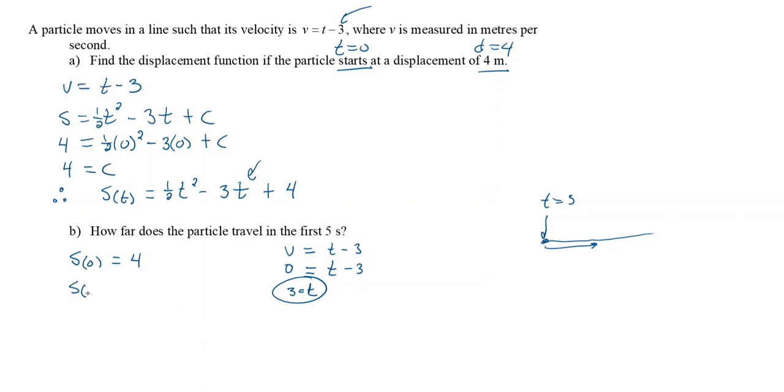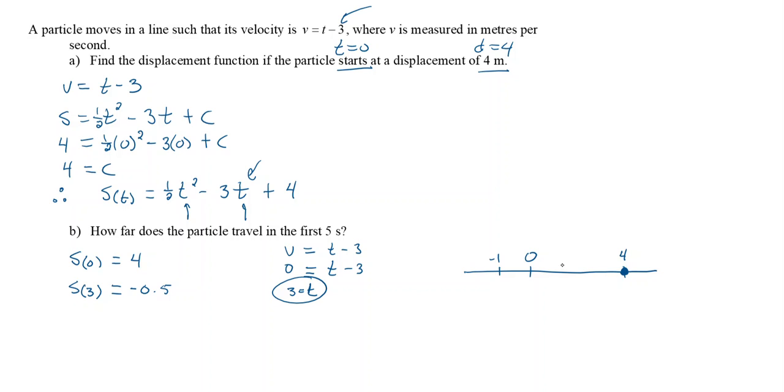So let's find that. Using our displacement function, at 3 seconds we end up getting negative 0.5. I'm not going to plug it all in; I think you could do that, just plugging in 3 for t. Let's make a little better sketch here. If this is 0 and this is 4, this is where I'm starting, and this is negative 1.